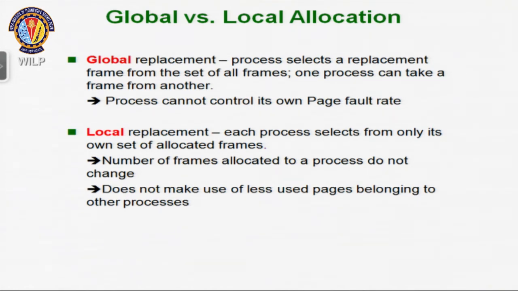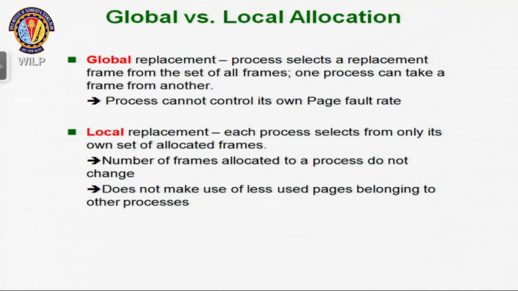The page replacement algorithm would see that you have got a page into the memory, but because of the global replacement policy, a page which was very recently brought into the memory gets replaced and swapped out. So the issue is that a process cannot control its own page fault rate.